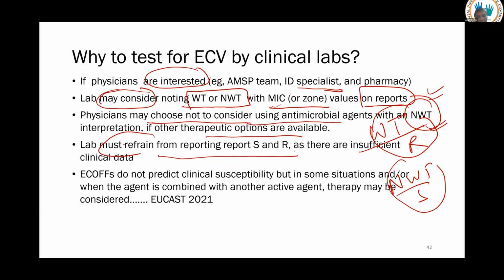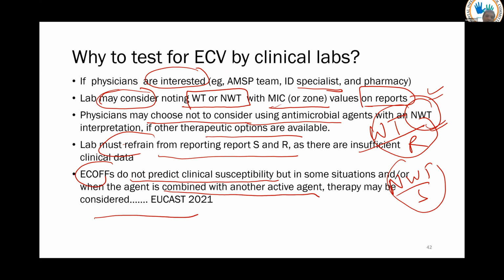EUCAST has one more statement also. EUCAST says that ECOFs do not predict clinical susceptibility, but in some situations where no other antibiotic is available for treatment, and when you want to give combination therapy, in such a case you can consider the ECOF breakpoint if available.